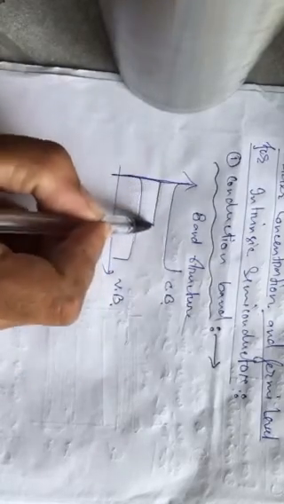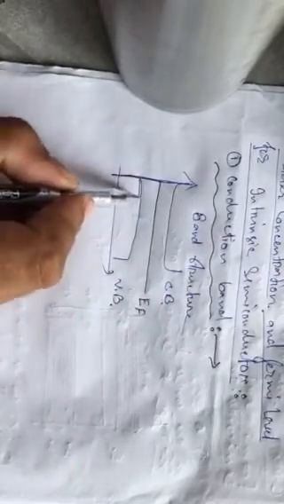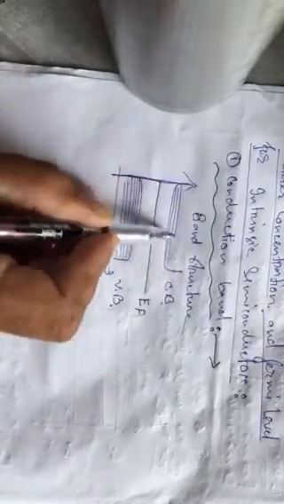So we all know that for an intrinsic semiconductor, the Fermi level lies just exactly here. Okay. Now at absolute zero temperature, all the electrons will be in this valence band, and there will be no electron in the conduction band. But as the temperature rises, the electrons will start filling up this.